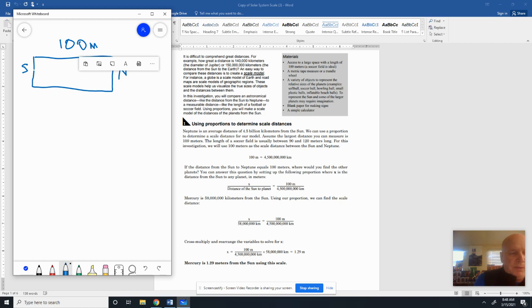One football field goal post to the other goal post is what we're trying to work with. Now, the distance from the sun to Neptune is 4,500,000,000.